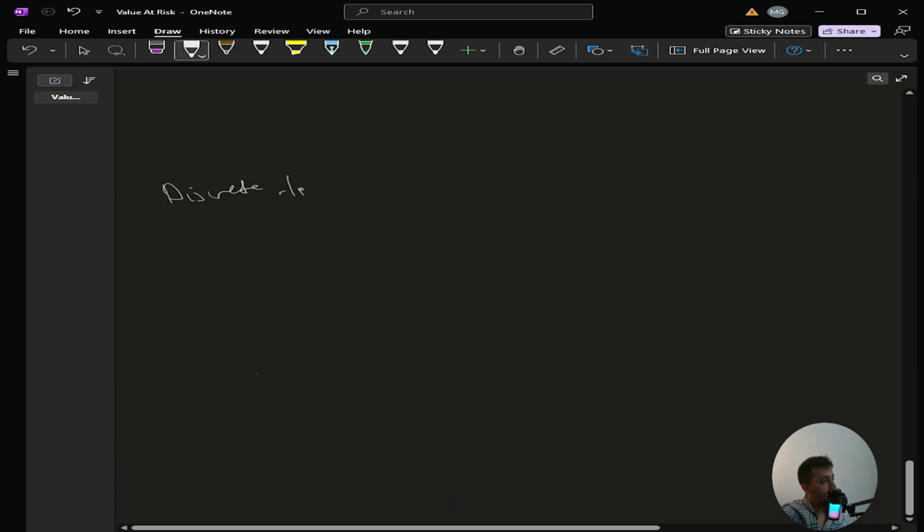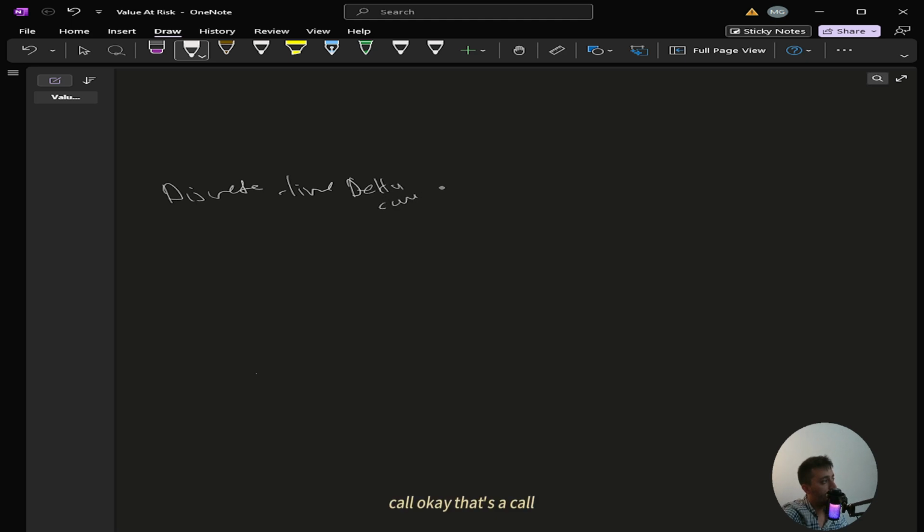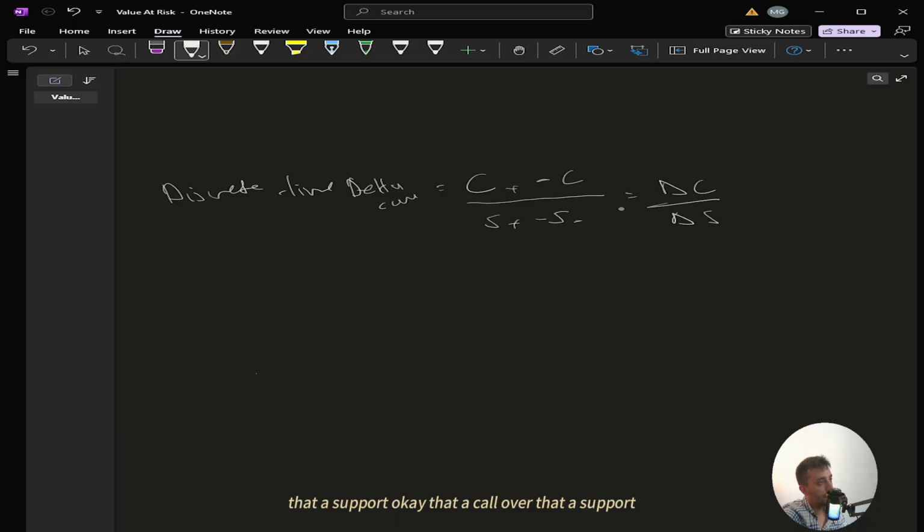Discrete time delta call: we need the difference in call price between T1 and T0, over the difference in spot price. This is equal to delta call over delta spot. And we have continuous time.